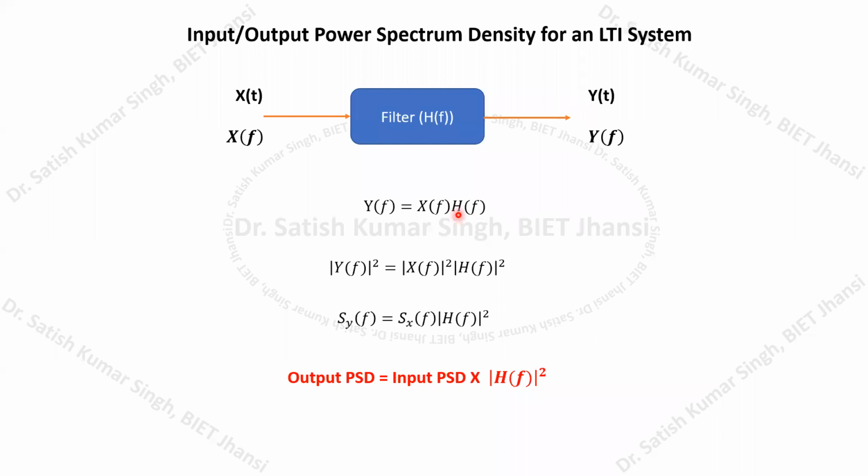We follow a similar strategy to the one used for the energy spectral density of the output process. Y(f) equals X(f) multiplied by H(f), and if you calculate the modulus squared, it gives the power spectral density. So the output power spectral density equals the input power spectral density multiplied by the mod of H(f) squared.